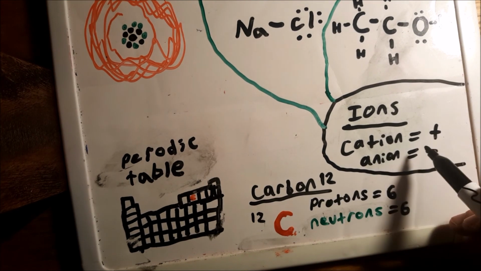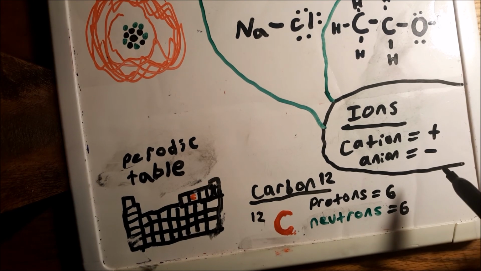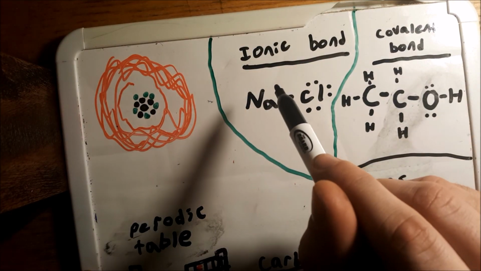Super simple, I promise you. Draw it out if you're confused. Take oxygen. Oxygen with 8 electrons is neutral. With 9, it has 1 extra electron, so it's an anion. With 7, it has 1 less, so it's a cation.